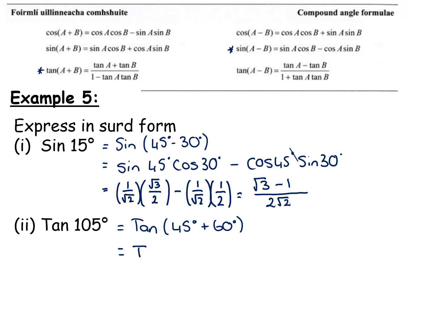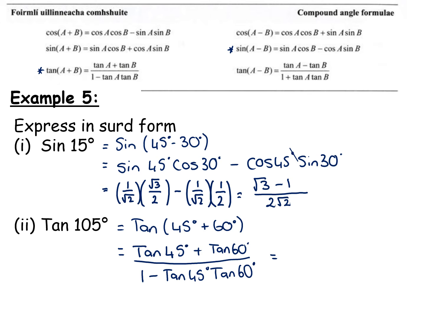So this is the tan of 45 degrees plus the tan of 60 all over 1 minus tan of 45 tan of 60. So tan of 45 is 1, plus tan of 60 is root 3, all over 1 minus 1 times root 3. So we're left with 1 plus root 3 over 1 minus root 3.